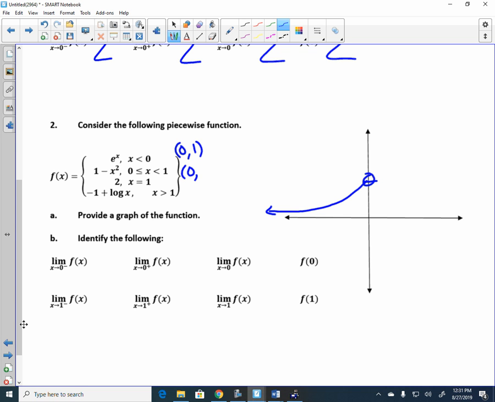What do you get? 1. I plug in 1. What do you get? 0. Open or closed circle to start? Closed. So would everybody agree? I fill in that spot. The next one, I've got this. So it's the parabola headed down there. And we've got an open circle at that position.